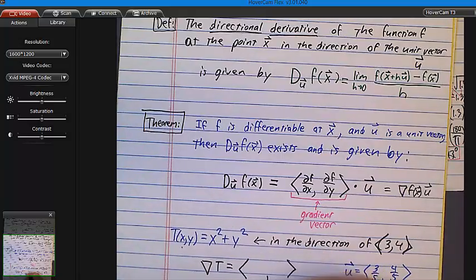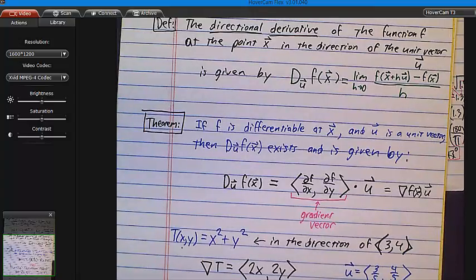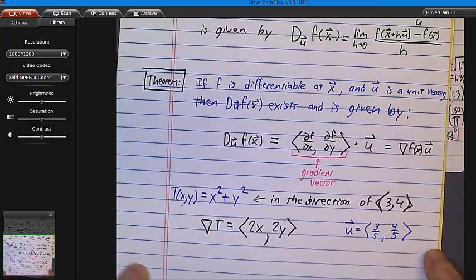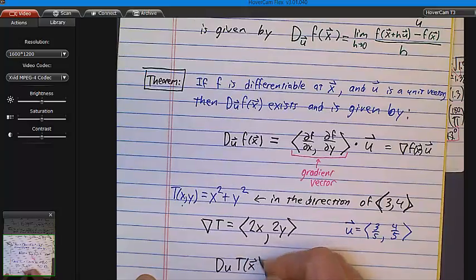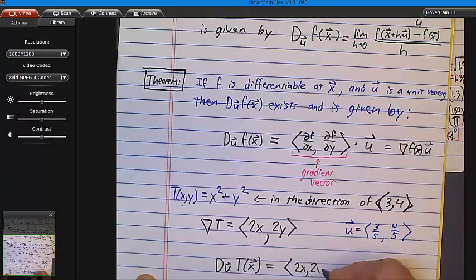It's a vector whose x-coordinate is the partial derivative with respect to x. By the way, this is a simple example. What's the partial derivative with respect to x? 2x. And the partial derivative with respect to y is 2y. So what we're going to do is compute the directional derivative of T, which would be 2x comma 2y dot 3/5 comma 4/5.